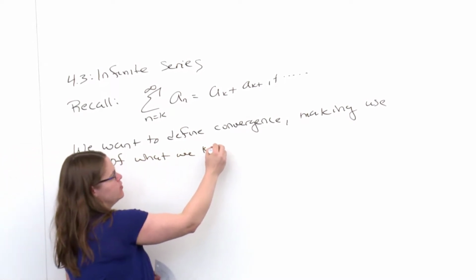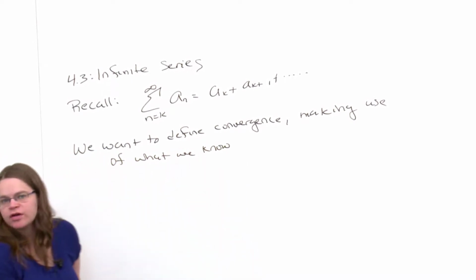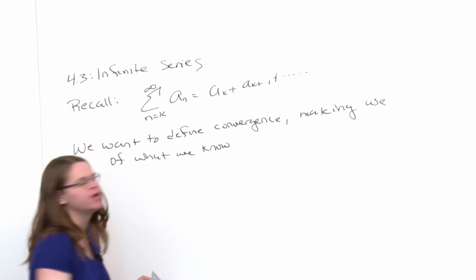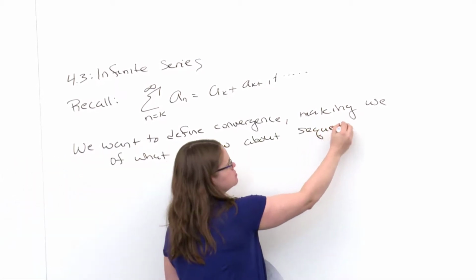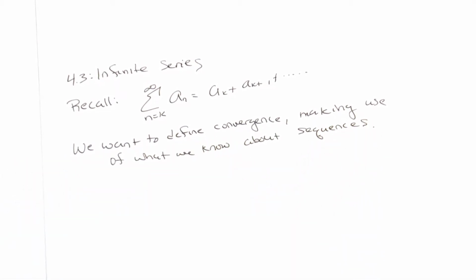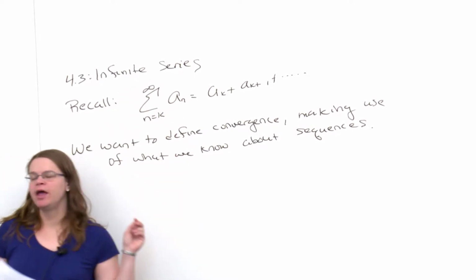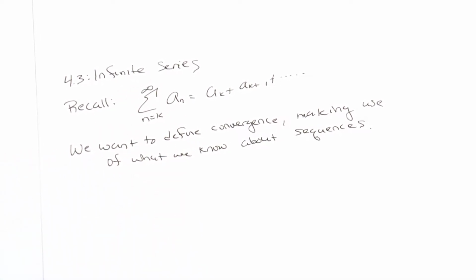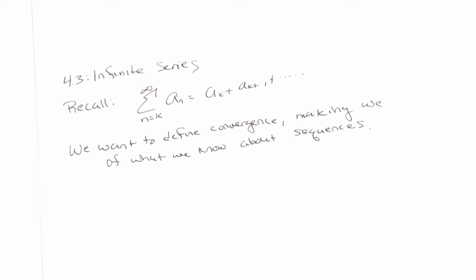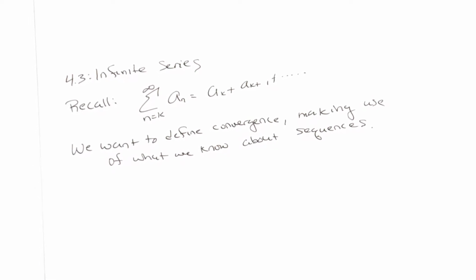Okay, what we know about convergence of sequences, and then we'll get some of our convergence results basically for free if we can do that. So what that means is I need to take this question, does this series converge? And what I need to do is rewrite it as a sequence somehow and ask, does that sequence converge? That's what I want to do.